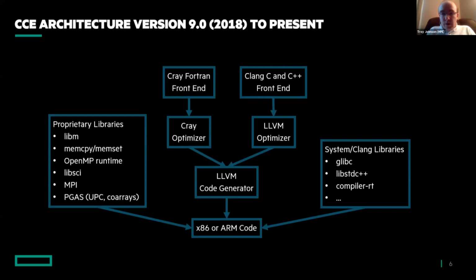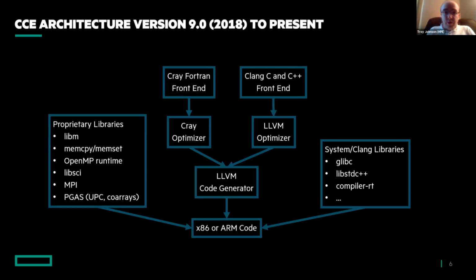We've done quite a bit of work in the LLVM optimizer, as you can guess from this, to port over things of interest to us from our older optimizer. But it's certainly a more standard CLANG LLVM sort of pipeline on the C and C++ side.